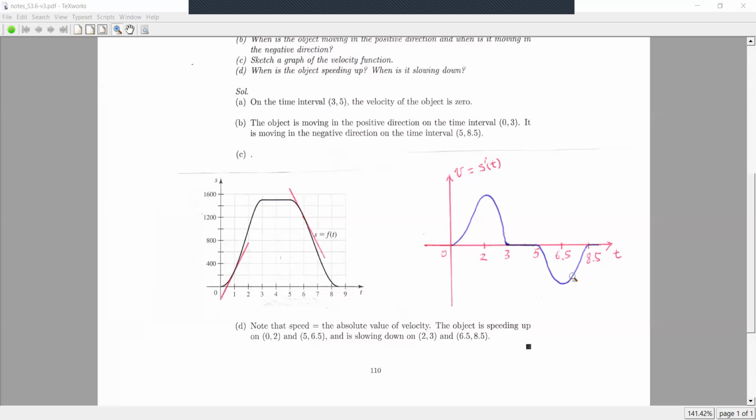Take absolute value on this curve, we will see that the curve is decreasing. Therefore, on the time interval from 6.5 to 8.5, speed is decreasing. The object is slowing down and is moving in the negative direction because velocity is negative.